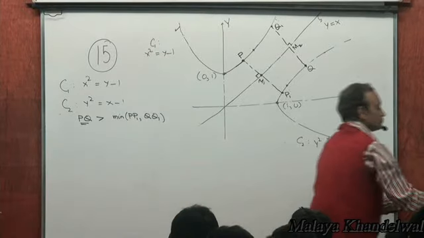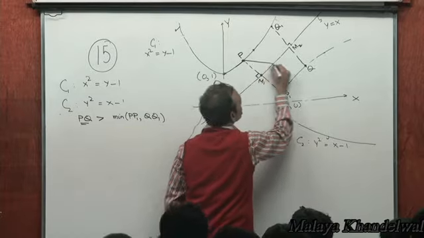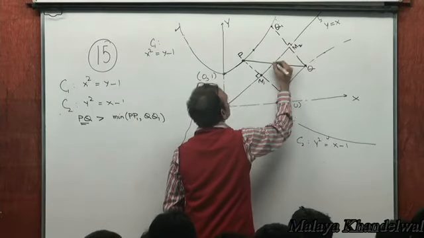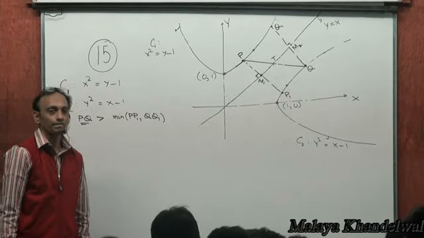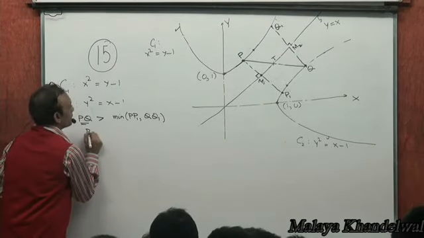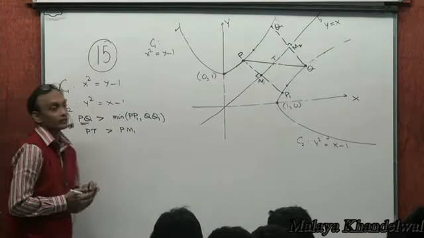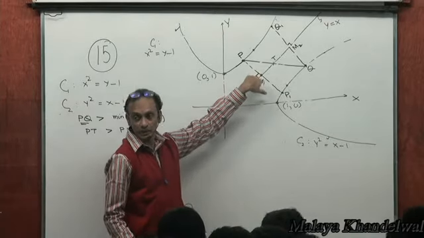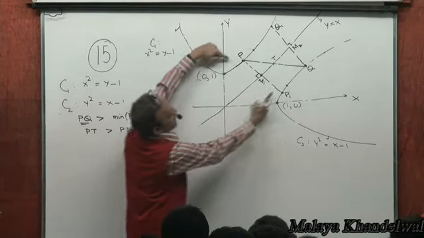Now, this is PQ. Let me say this point is T. Can I say PT must be greater than PM1? Hypotenuse is bigger than the perpendicular. But what is PM1? PM1 is half of PP1.